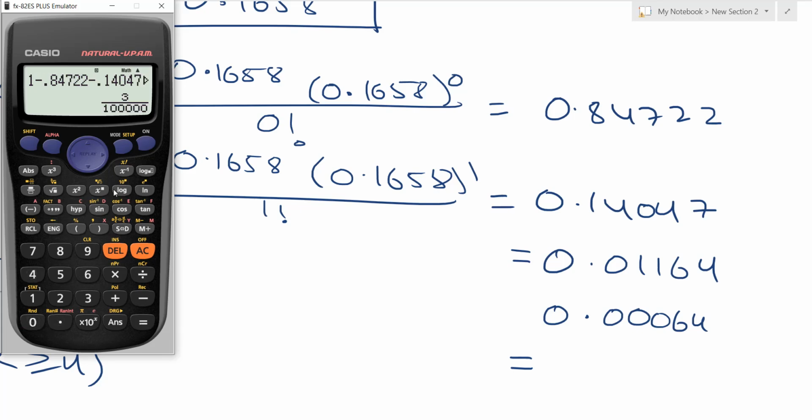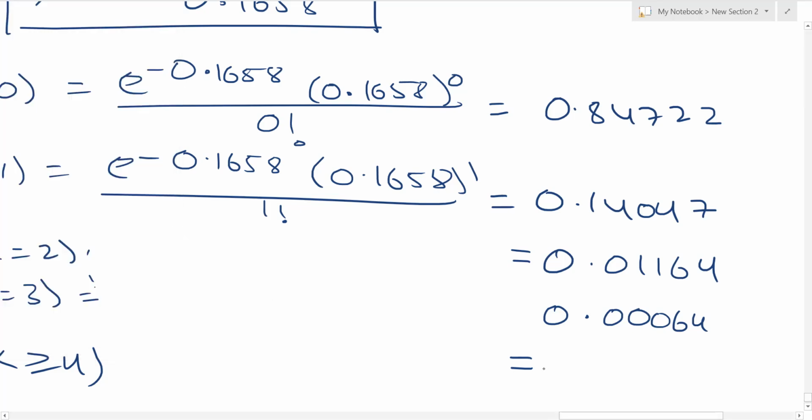Whatever is left is your last one, so it is 0.00003. These are all your results.